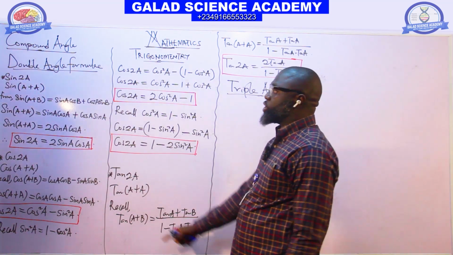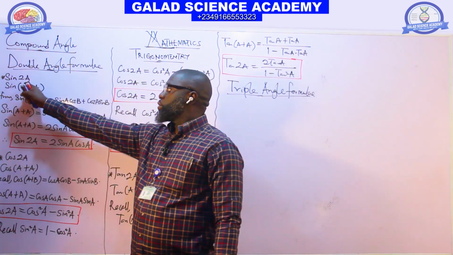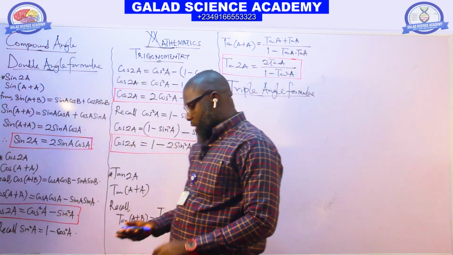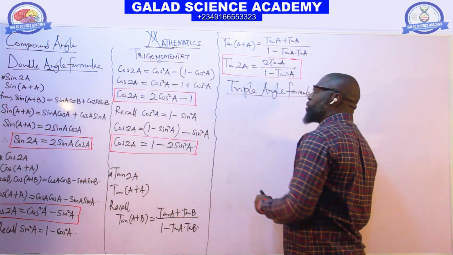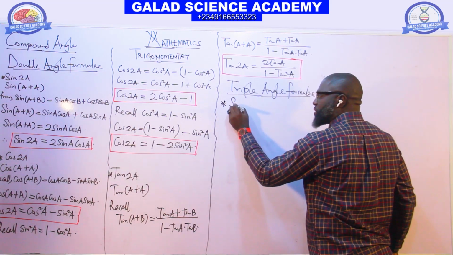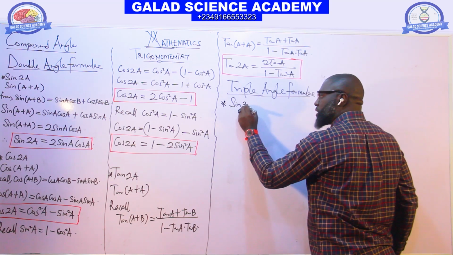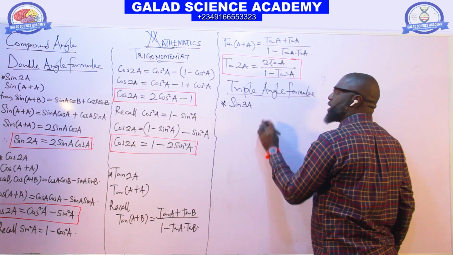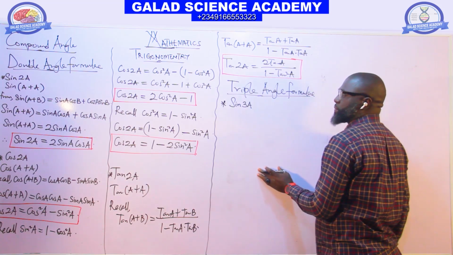Now here is the double angle, where we have sin 2A. So for the triple angle of sin A, we have sin 3A. Triple means 3.